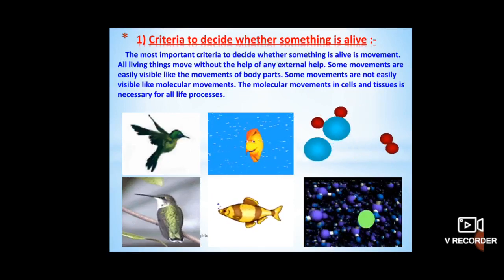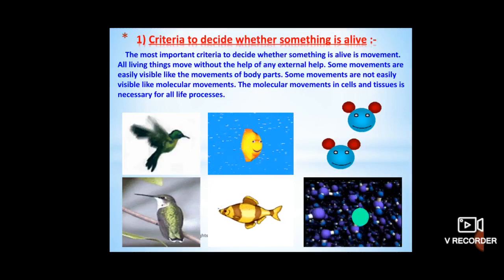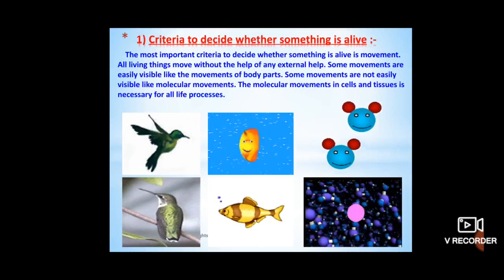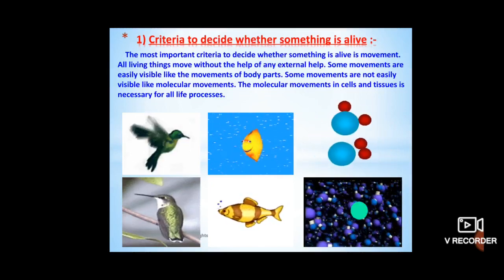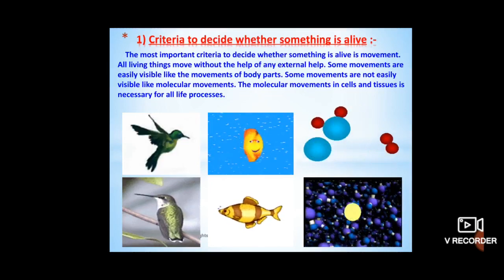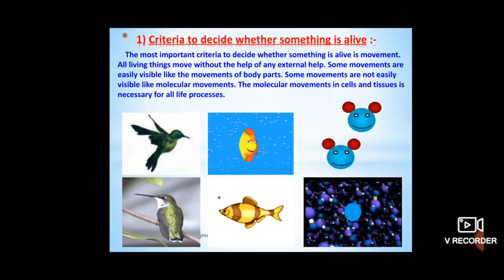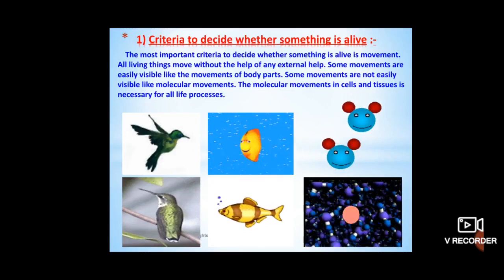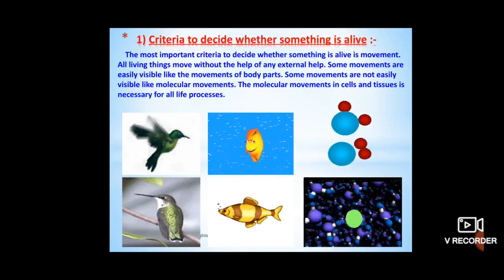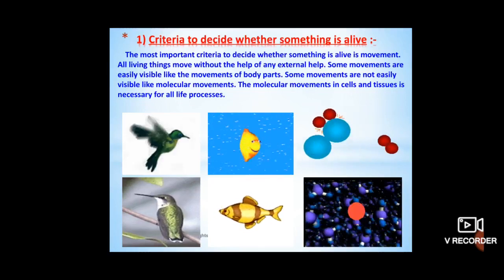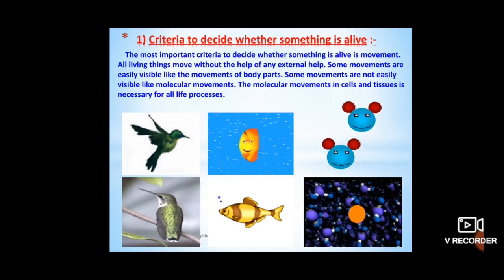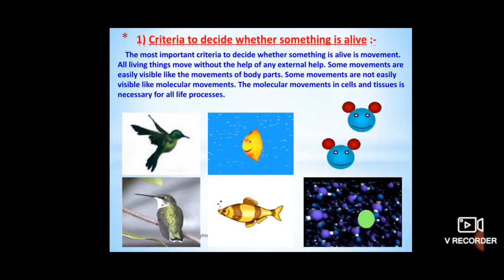Yes, with the help of fins. Right, children? So in some organisms movement takes place with the help of internal body designs, and some of them move without external help, which means through an internal body design.